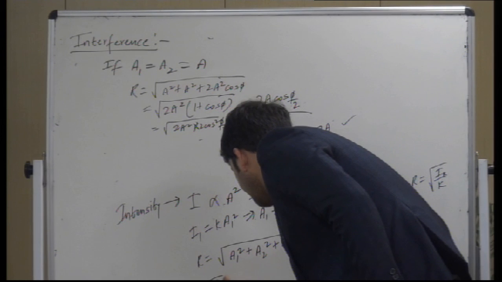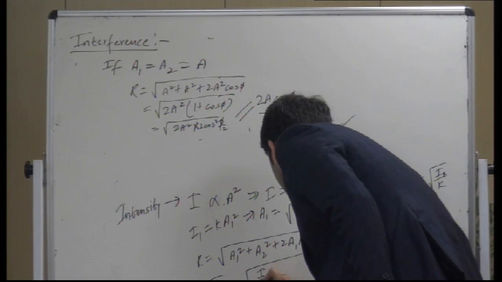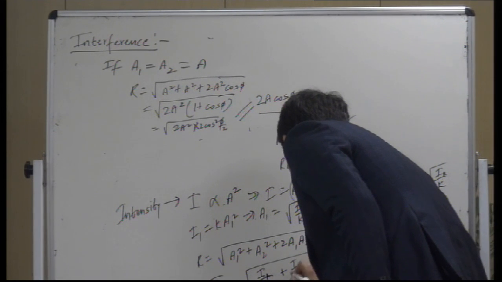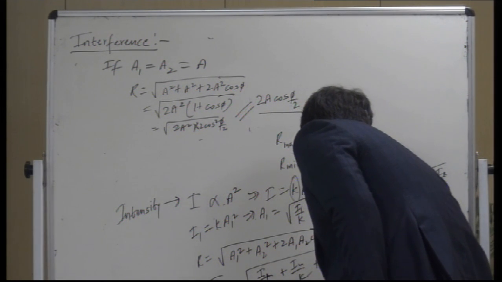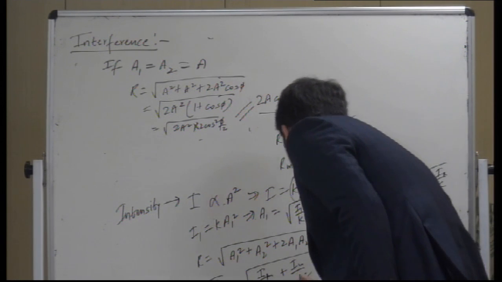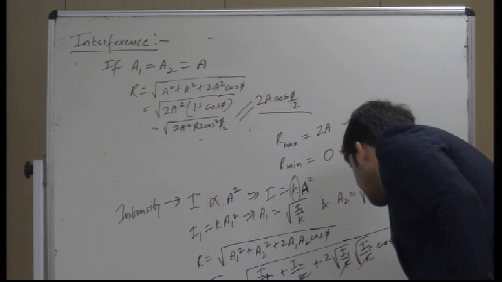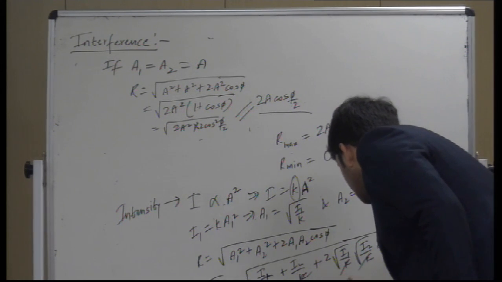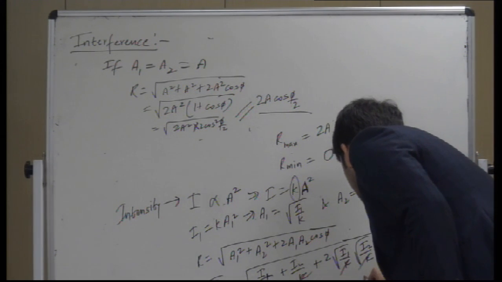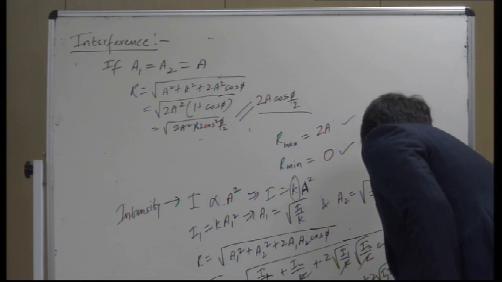Under root IR by K is under root I1 by K plus I2 by K plus 2 root I1 by K root I2 by K cos phi. K cancels from all these. If you square it, the resultant intensity is I1 plus I2 plus 2 root I1 I2 cos phi, right?